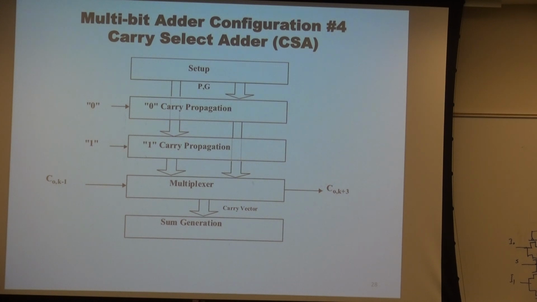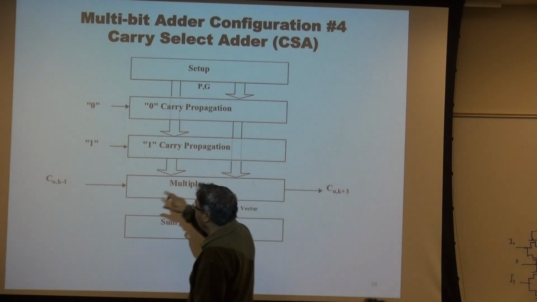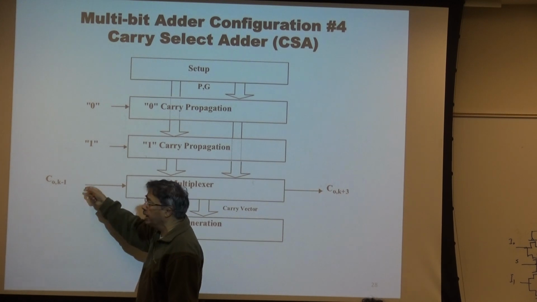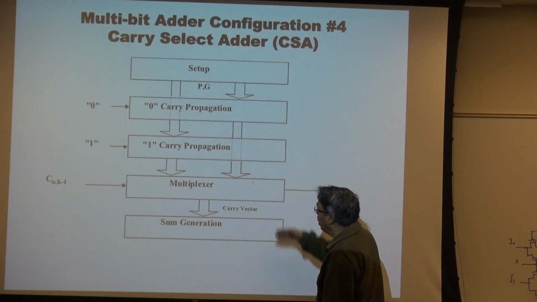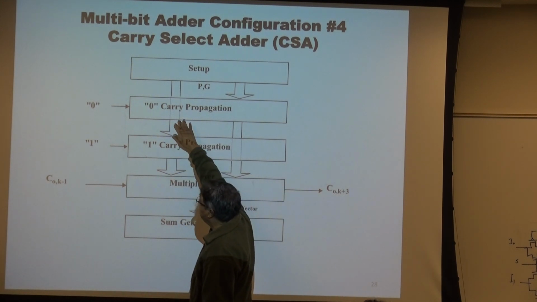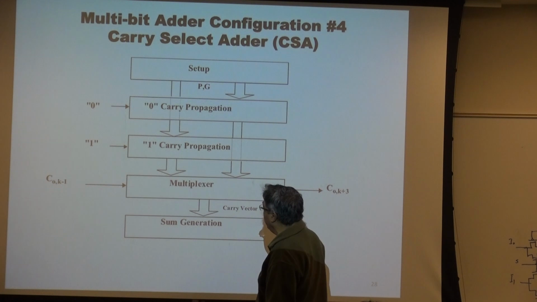So I do that in anticipation, and then I select one of these two when the carry appears at the multiplexer input over here. If it is 0, it takes the value from here. If it is 1, it takes the value from here.